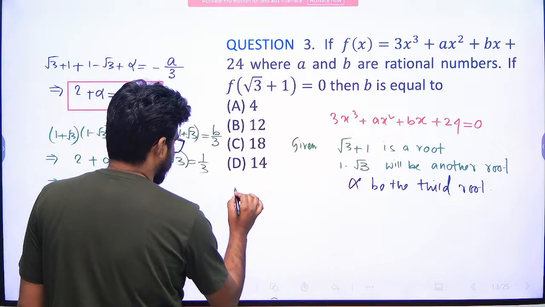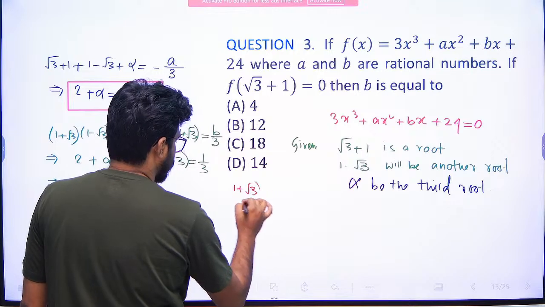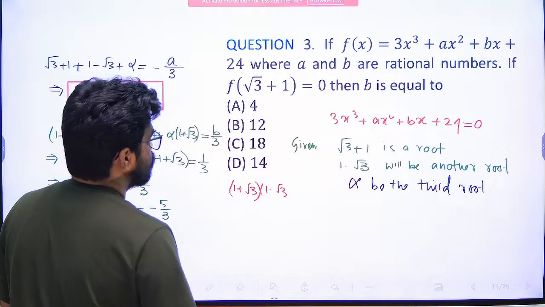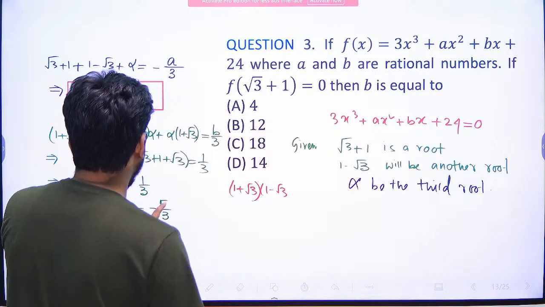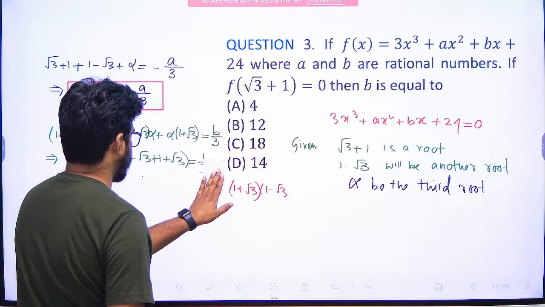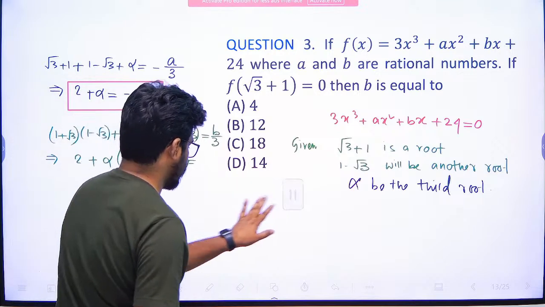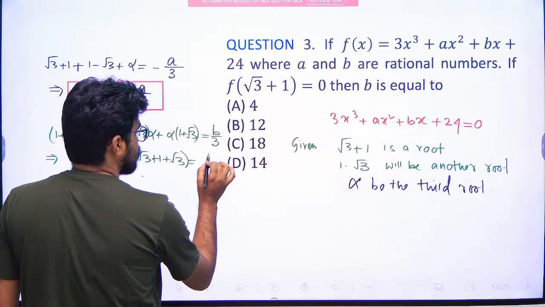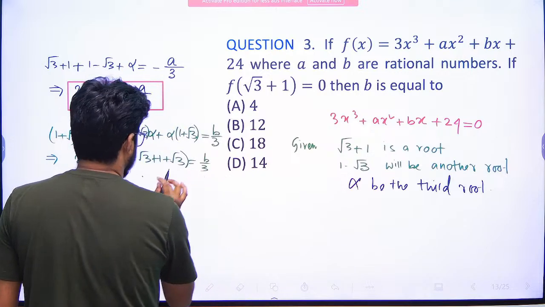Alpha, beta, gamma. So 1 plus root 3 into 1 minus... where is the mistake? This was b, sorry. It was b by 3, sorry.